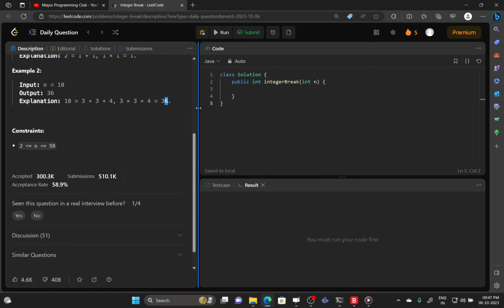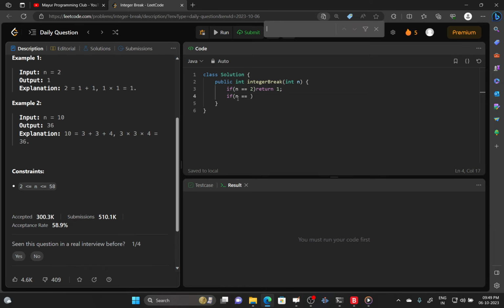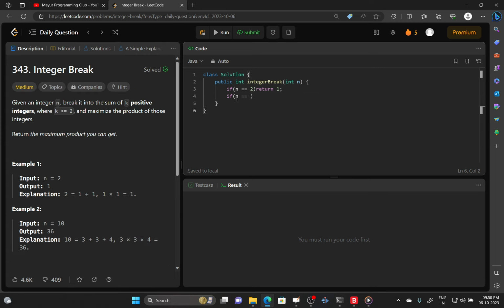Let's try to implement our solution. If let's say your n is equal to 2, then you will return 1 in this case. And if n is equal to 3, then the maximum that you can get is 2.